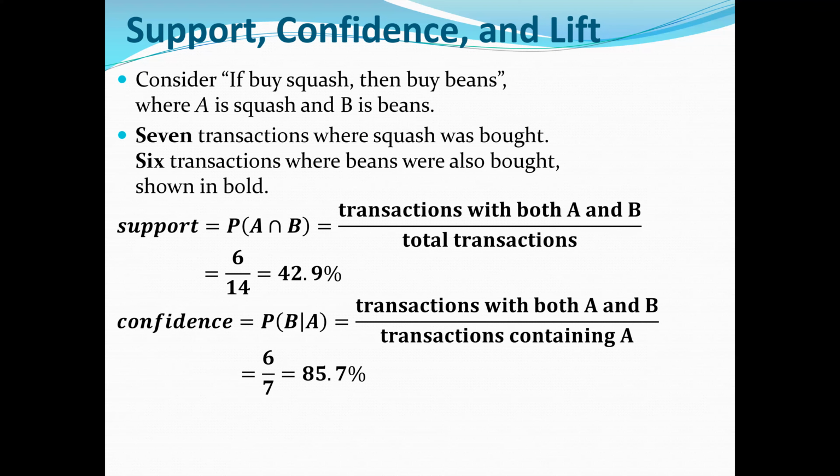So this means we are going to have 6 divided by the total transactions, which is 14. First, our rule said, if a customer buys squash, then they buy beans.